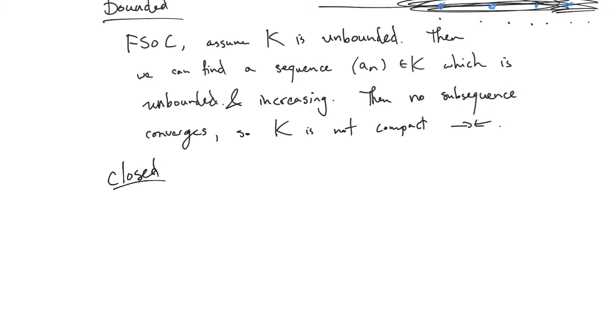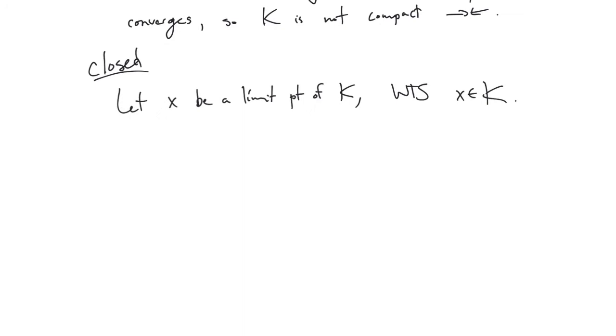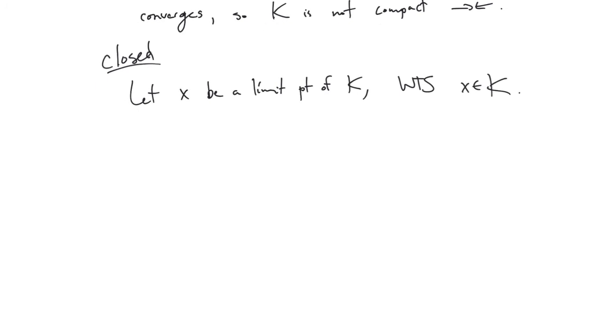So to demonstrate that it's closed, I have to say something like, let X be a limit point. And what I want to show is that X is in K, right? Closed means that every limit point is an element of the set. And so to show it's closed, I choose any limit point, and I have to show that that point is part of my set. Okay.